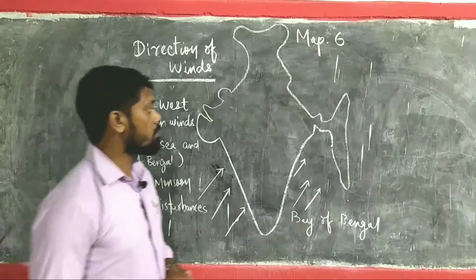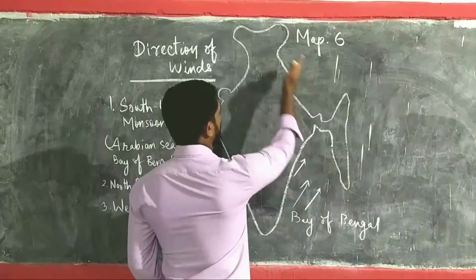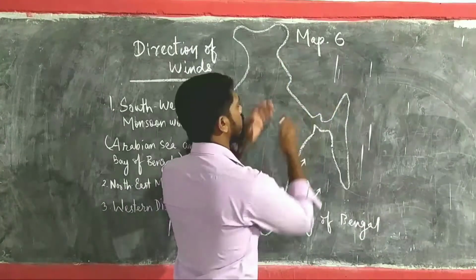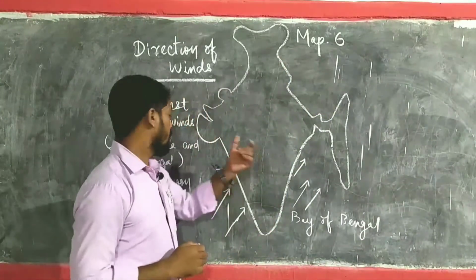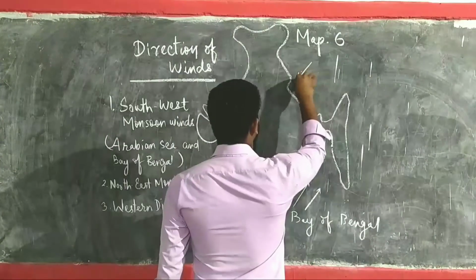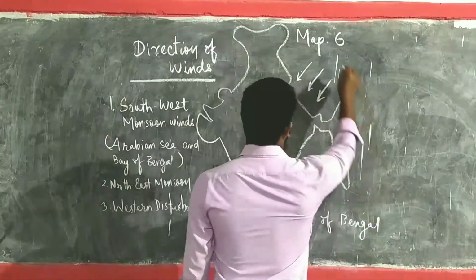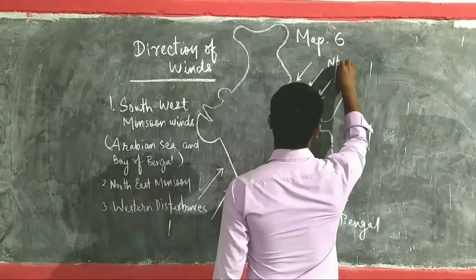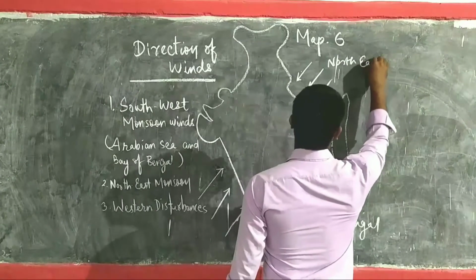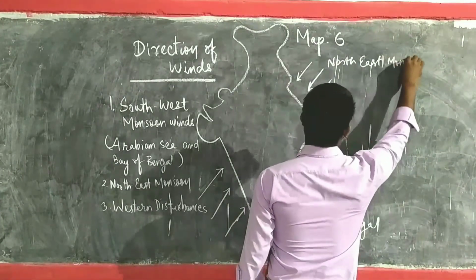Okay. The next one is northeast monsoon. The northeast monsoon, this is north, this is east. This is the area where we need to label the arrow marks of northeast monsoon, right? This is the direction of northeast monsoon. So you can write northeast monsoon.